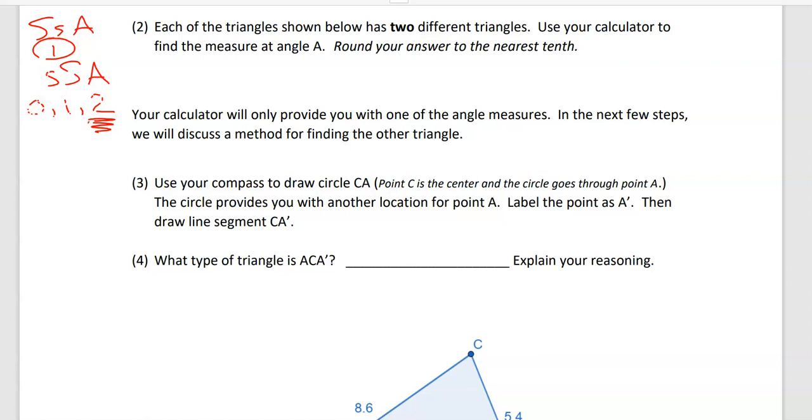So by drawing that circle, you are showing the two possible locations for point A. Go ahead and find the measure of angle A. Complete the construction and answer problem 4 when you're done with the construction, and turn the video back on.